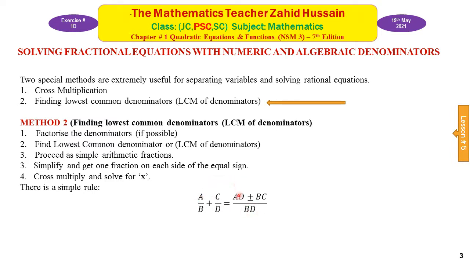We will get an expression again, and then plus or minus sign here, again divide the LCM by the denominator of the second fraction. We will be left with b in this case, and b will be multiplied with c, and simplifying the numerator we will get the required equation.